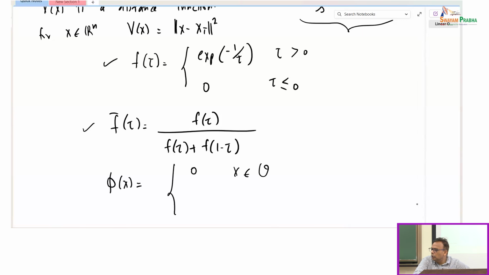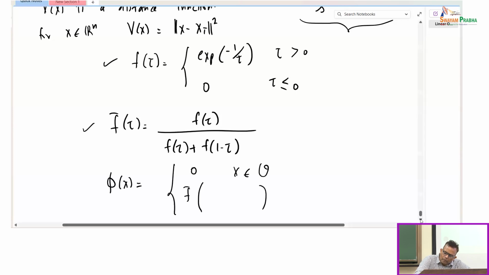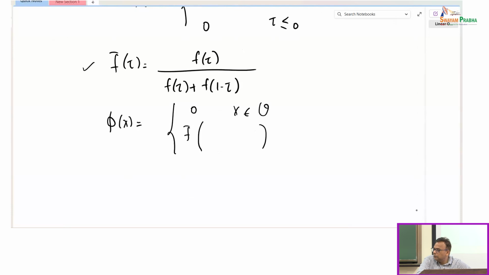Phi of x will be equal to f bar, but notice the tau here is a real number. So instead of tau in the argument, we use h of x minus s of x.